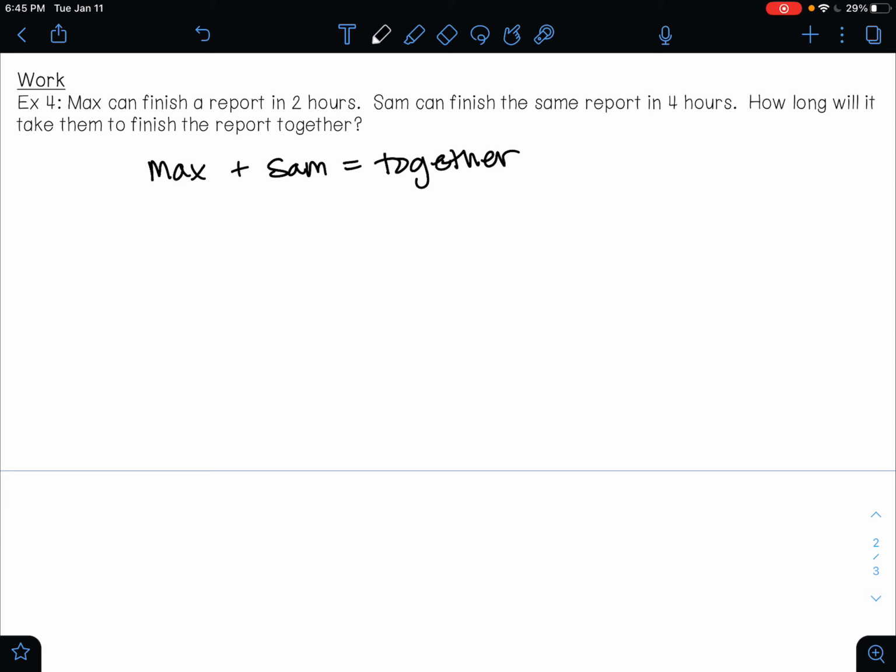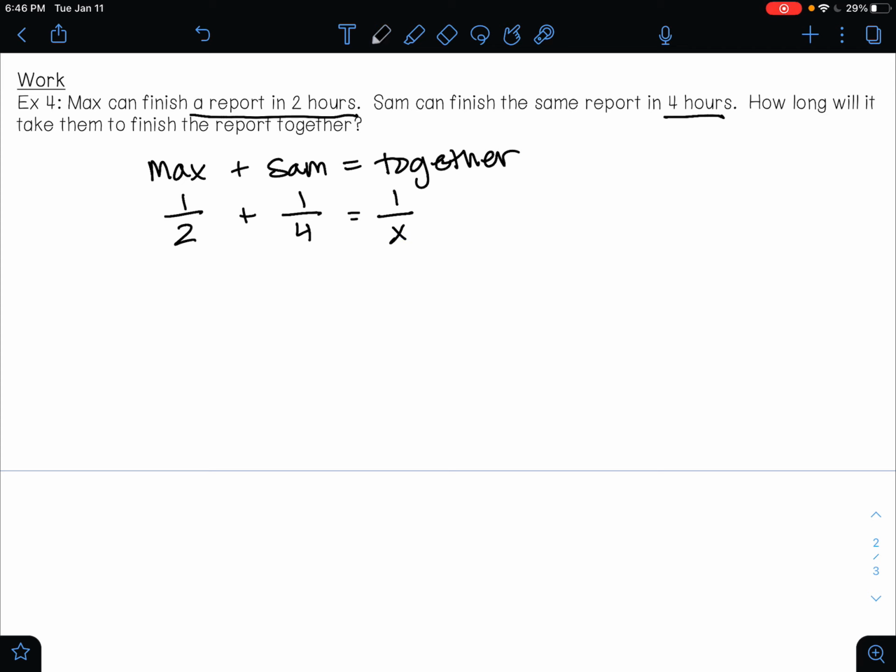So Max can finish 1 report in 2 hours, plus Sam can finish the same 1 report in 4 hours. By adding them together, that will tell me that they can finish 1 report in X hours. So you're just writing proportions, right? 1 report in 2 hours, 1 report in 4 hours is 1 report in how many hours?